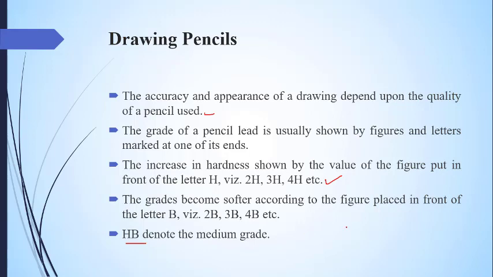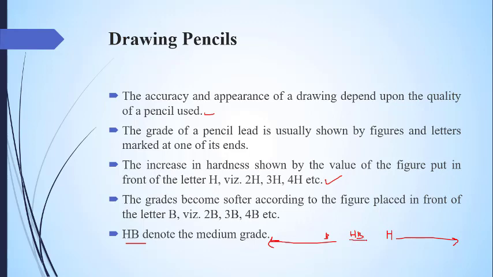For example, there are three types of pencils. This side is for H, this one is for B, and in the middle here is HB.